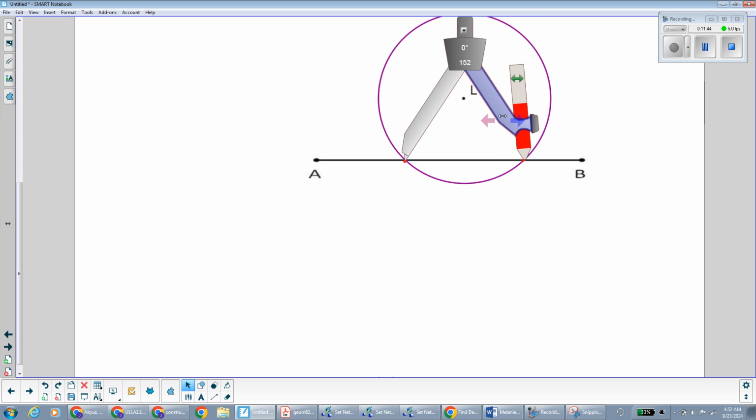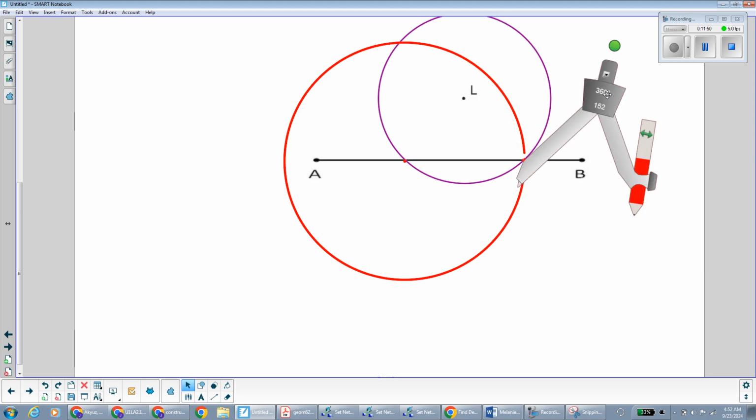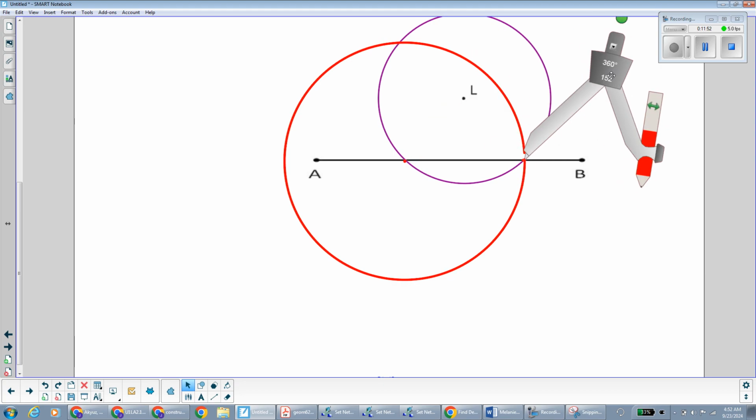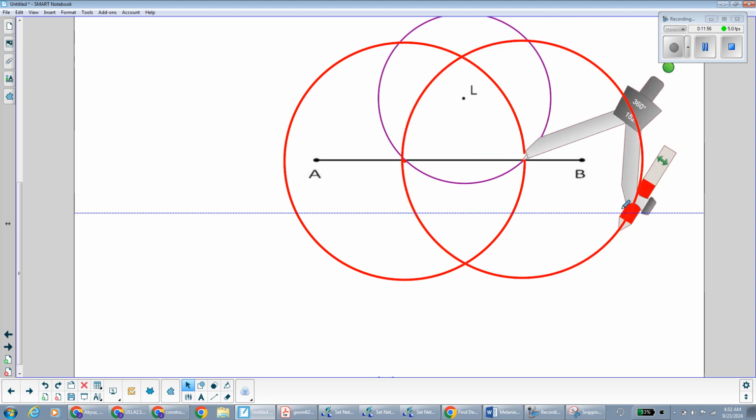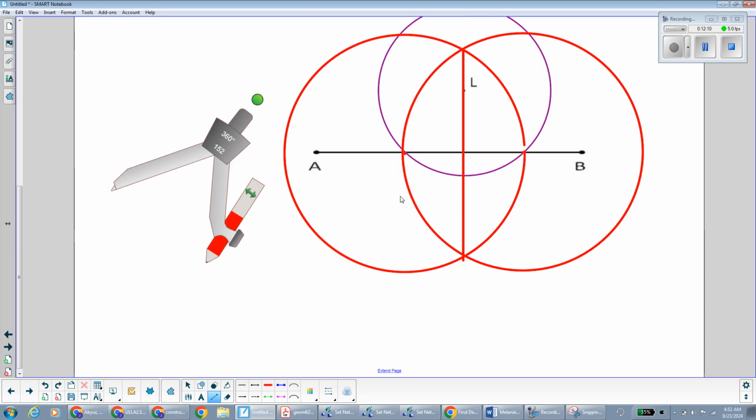And I'm gonna match up to the other intersection. And I'm gonna swing a circle. And then on the other intersection point, I'm gonna swing the same circle. And through the intersection points, I'm gonna make my perpendicular line to the original. So now we have a perpendicular line.